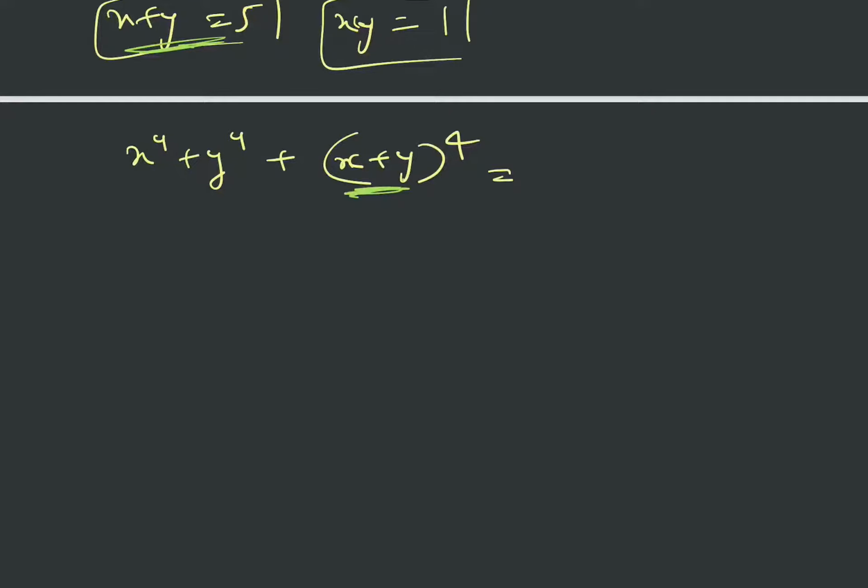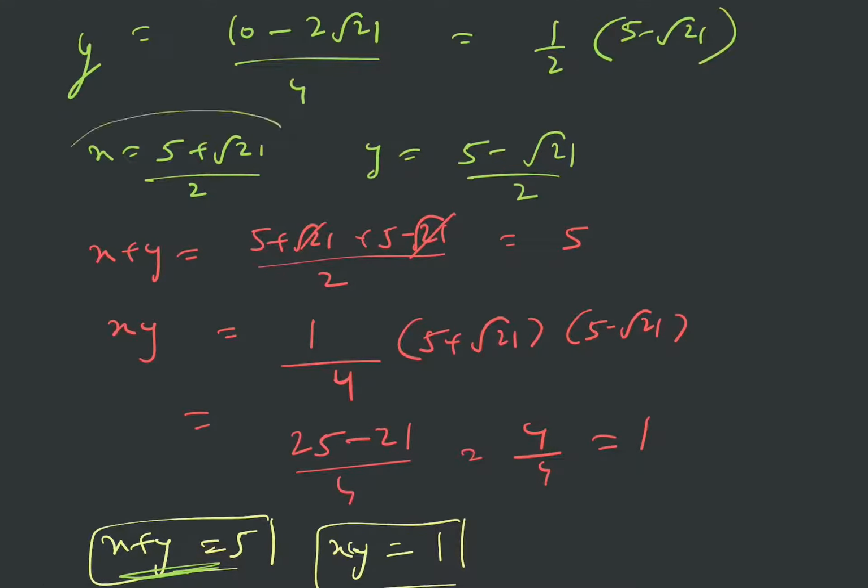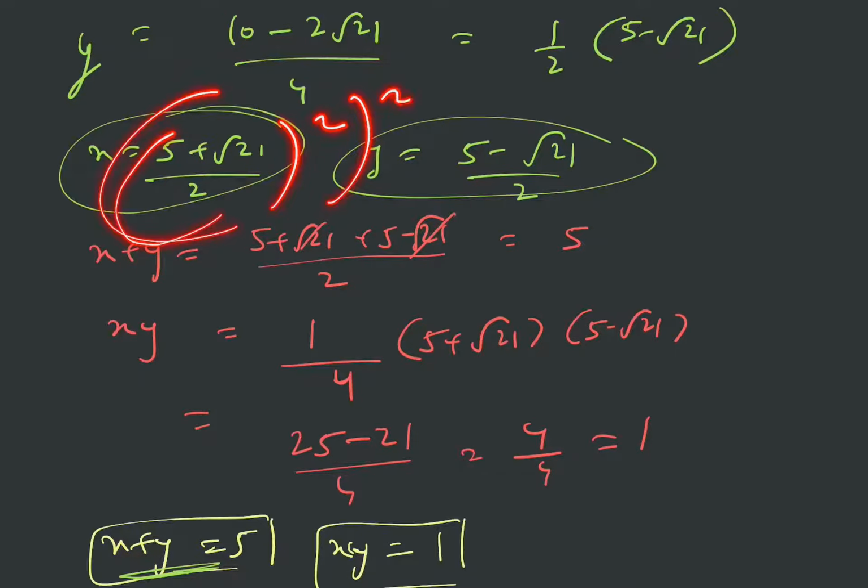You see that x plus y is very easily done, but x power 4 plus y power 4? You need not compute x power 4 and y power 4 first by squaring and again squaring.